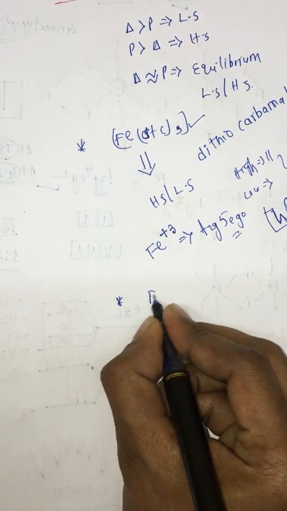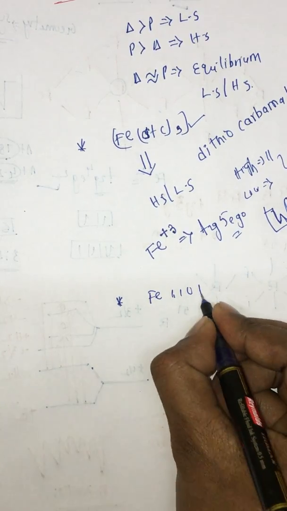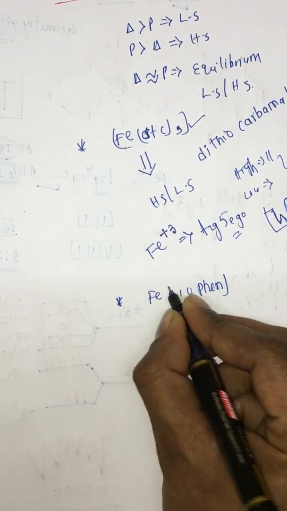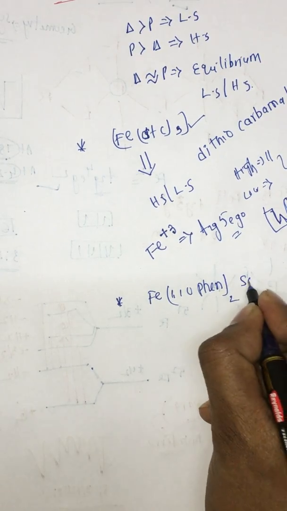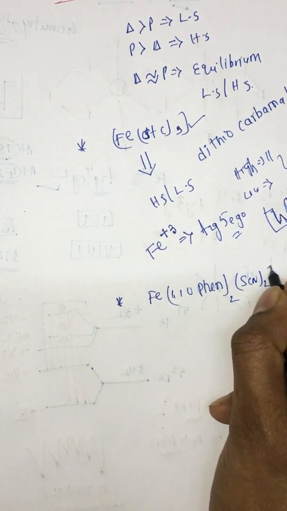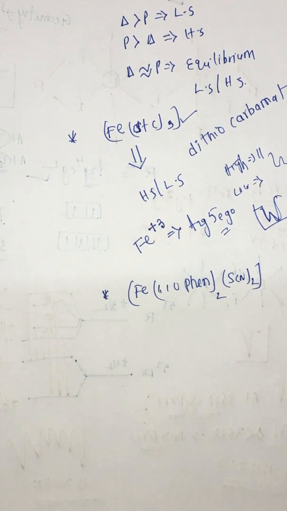And next example, this is very important. We have iron 1,10-phenanthroline twice, and SCN twice. So this is the complex we have here.